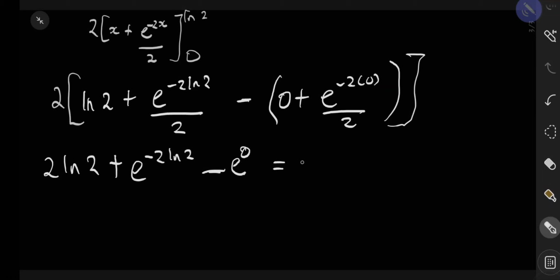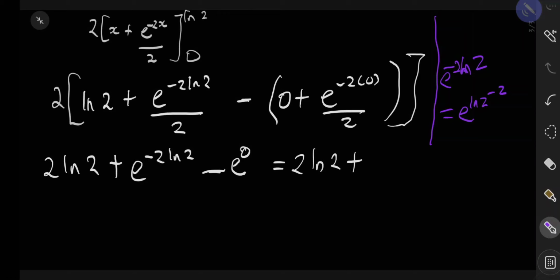So this would give us 2 natural log 2 plus, we can rewrite this expression. Let me rewrite this. e raised to power minus 2 natural log 2 can also be rewritten as e raised to power natural log 2 raised to power minus 2.